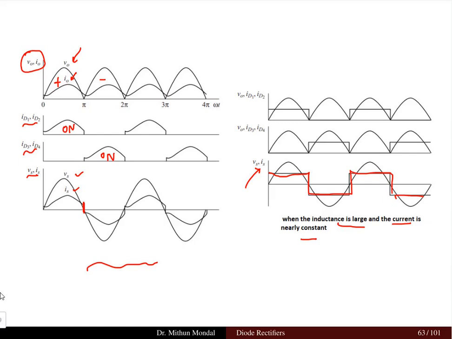So the disturbance present in the current due to the transients will not be there if the inductance value is very large. Also, the output voltage and the diode current will not be impacted when the inductance value is large.